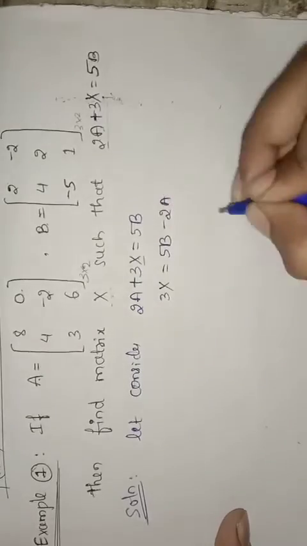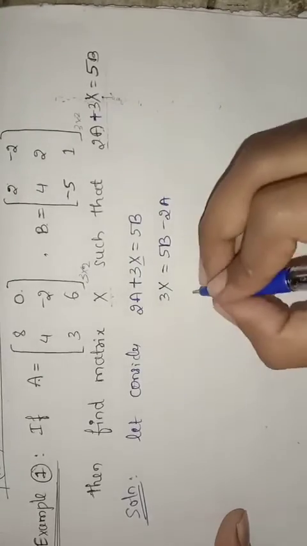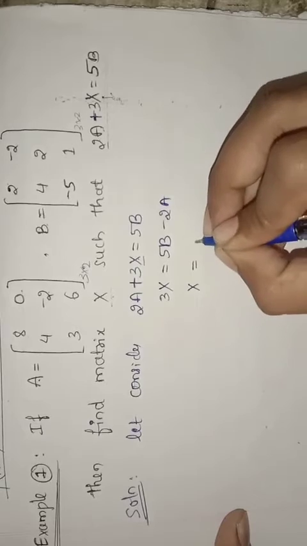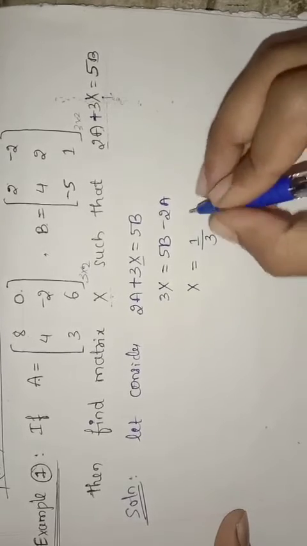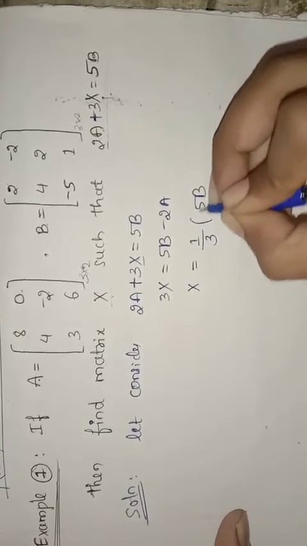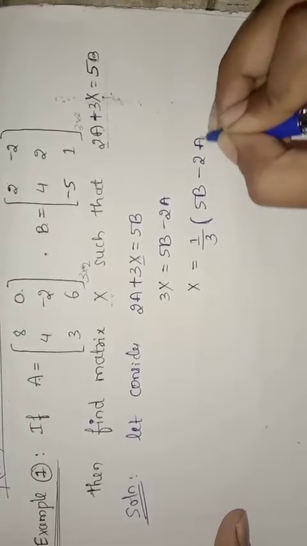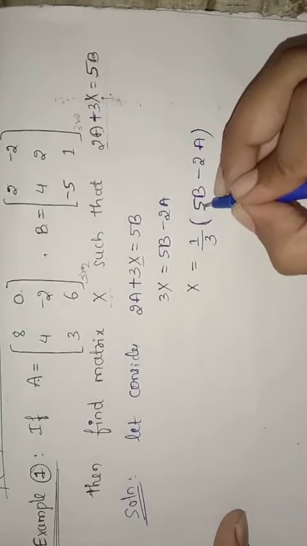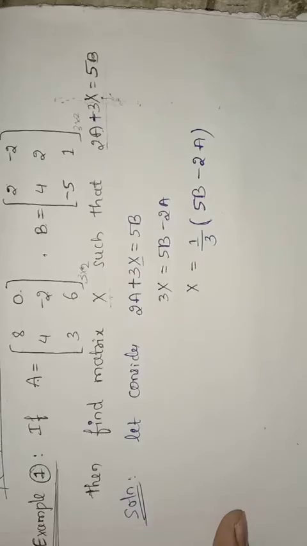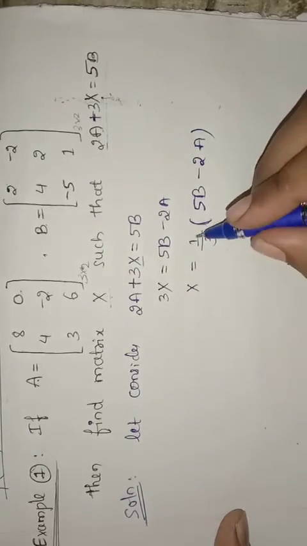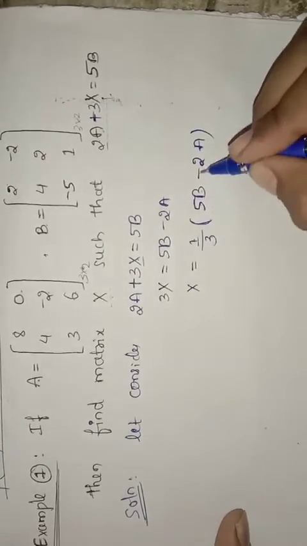Send this 2A to the right hand side, so we got 5B minus 2A. So matrix X can be written as 1 by 3 into 5B minus 2A.